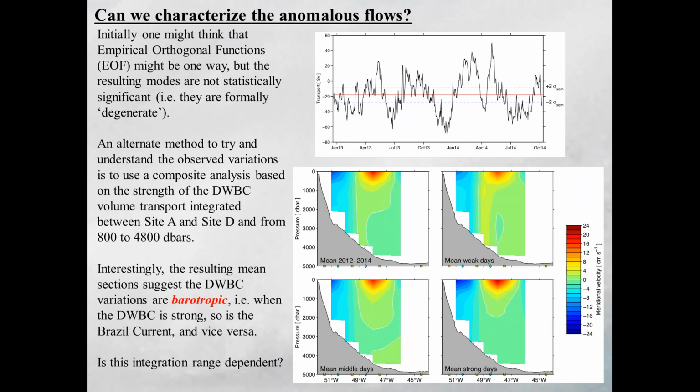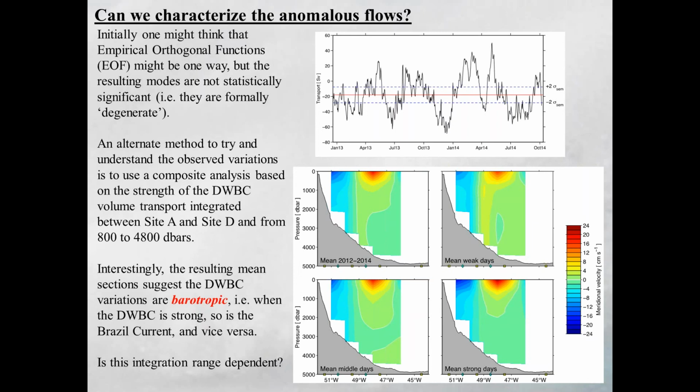So instead of that, what we've tried to do is do composites. In this portion I'm going to focus on when we have all of the instruments, because that allows us to look at better resolved information. If we integrate the transport between 800 and 4800 all the way across the array, we get this time series here, which we've seen a few minutes ago.